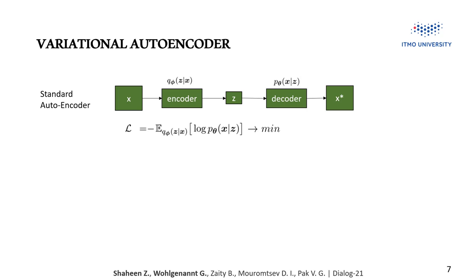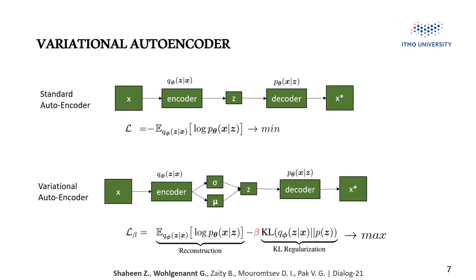The standard autoencoder is trained to reconstruct the input X at the output of the decoder, and a commonly used loss function is the negative log likelihood, which we try to minimize.